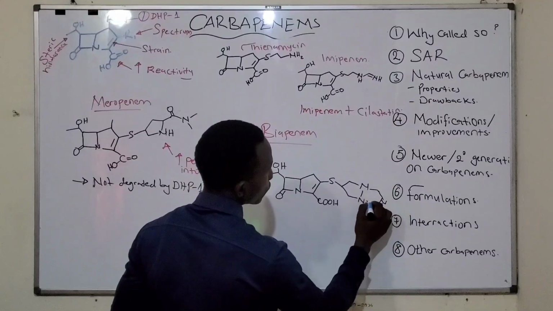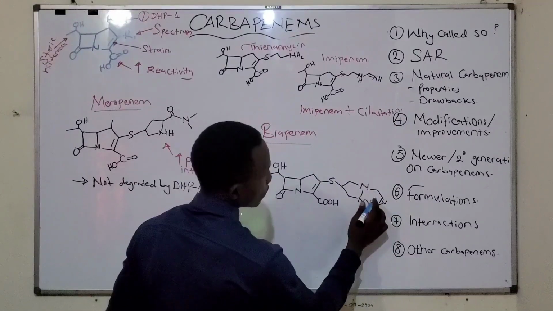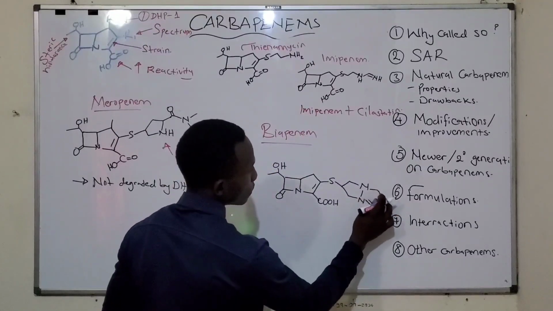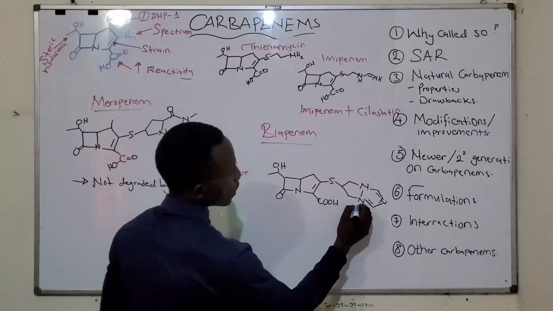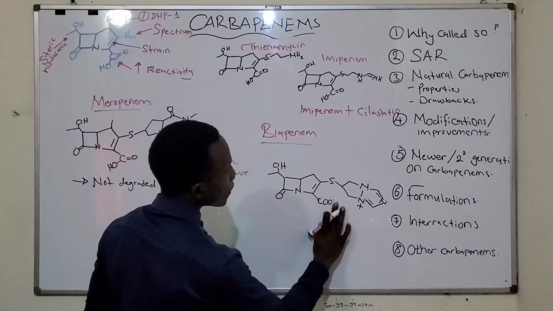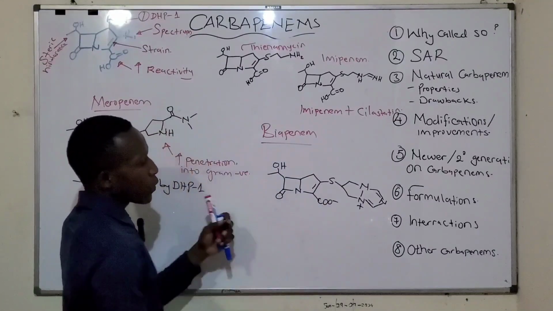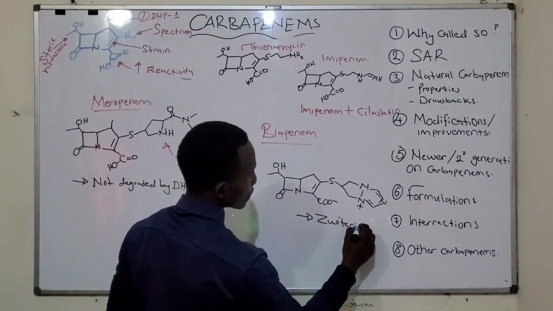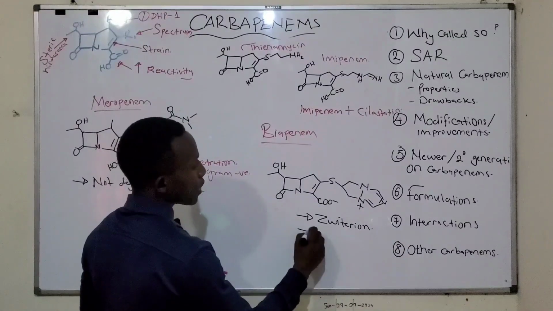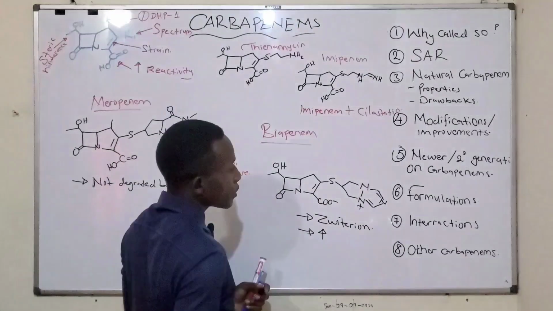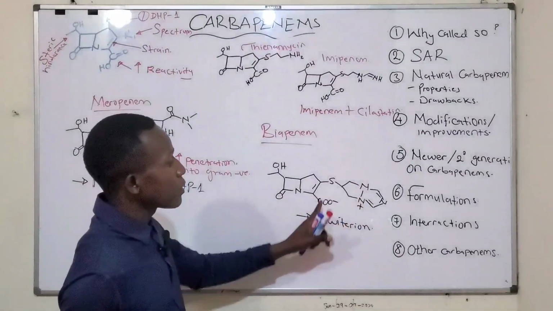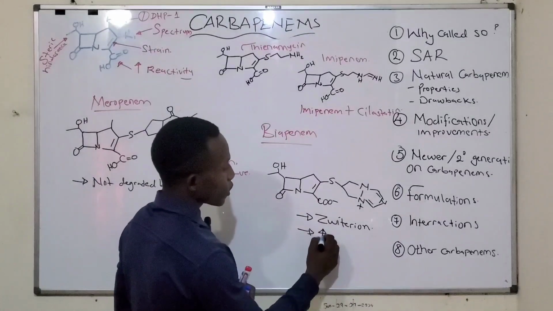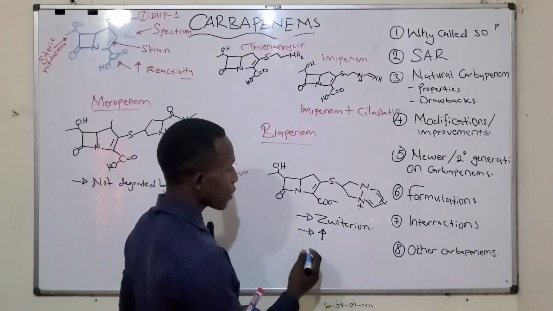We have formation of two rings, like this. And here, this is the cation now. And remember, this can exist as a zwitterion. It improves the penetration into the gram-negative bacteria, and it can also penetrate the gram-positive because it can exist like this or like this. So it improves the penetration to the colonies of the gram-negatives.